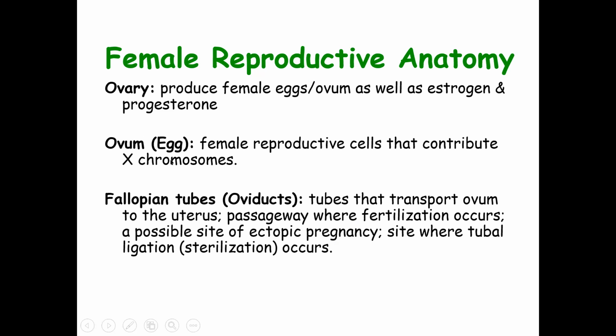Sorry, ovaries, of course. As everybody knows, the eggs are haploid. They have half the number of chromosomes as the person. This is to allow for sexual reproduction. We all know that, right? Then you have the fallopian tubes, also known as the oviducts. And they, of course, are designed to transport the ovum to your uterus, right?